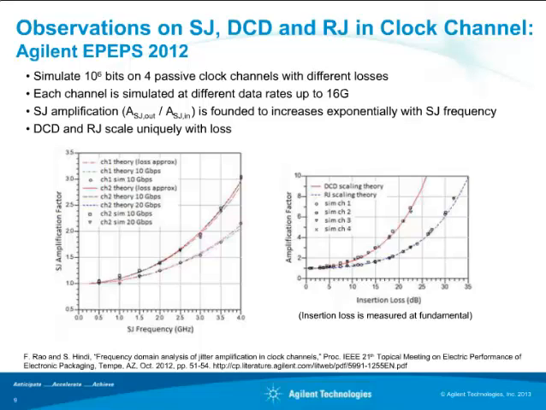It was found, as shown in the left figure, that the SJ amplification, which is the ratio of SJ amplitude between output and input SJs, increases exponentially with SJ frequency. Similar to the Rambus result, DCD and RJ amplification are found to scale uniquely with channel loss.